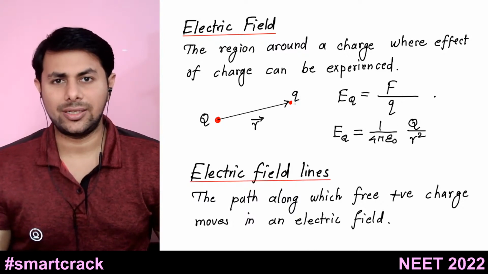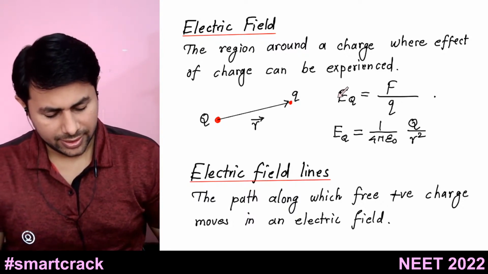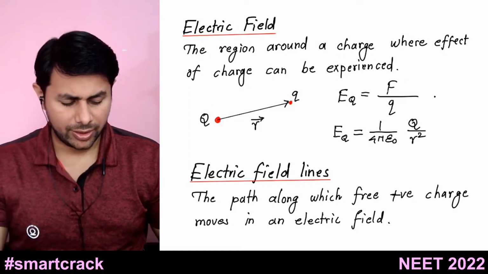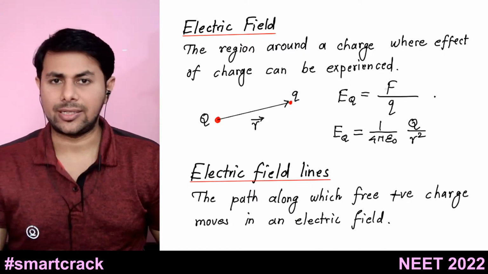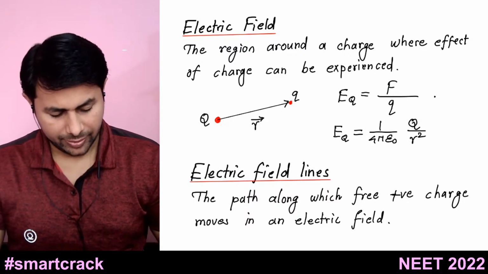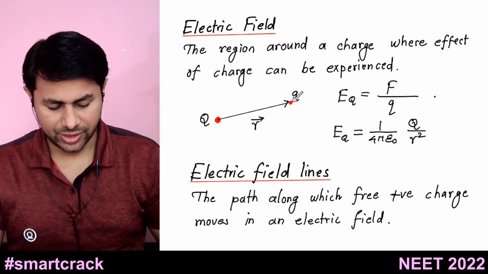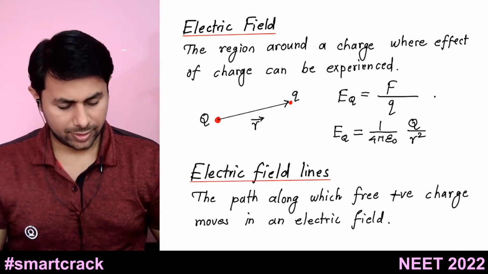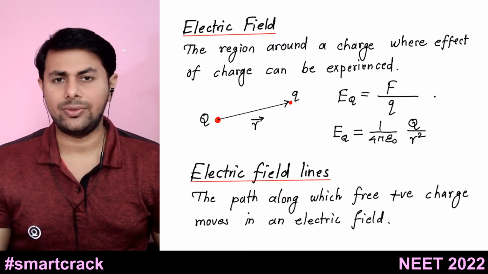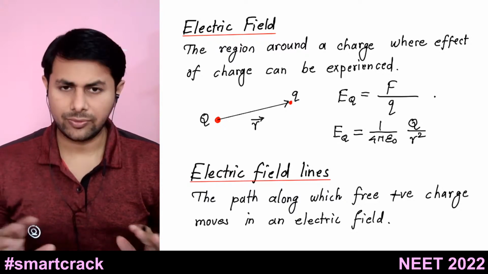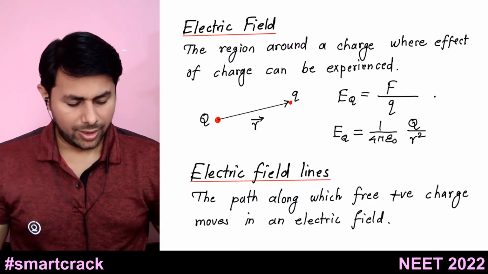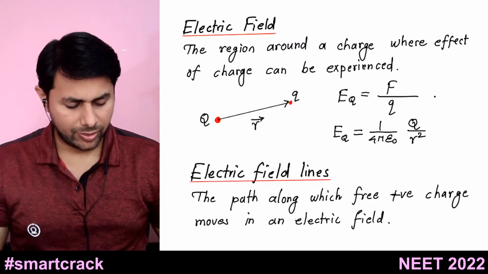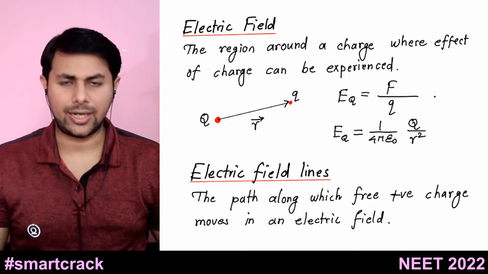This is called the test charge. So the electric field at distance r due to this charge will be the force experienced by the test charge, which is F, divided by that test charge. This gives us the magnitude of the electric field. Very simple. So the electric field due to a single charge is given by 1 over 4 pi epsilon naught into Q over r square.